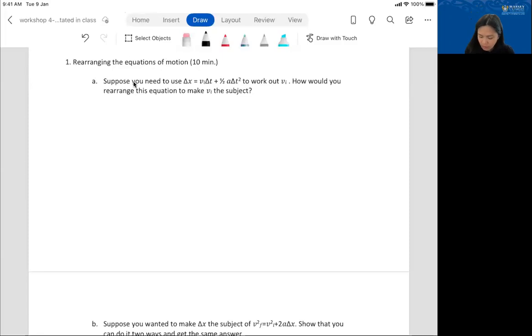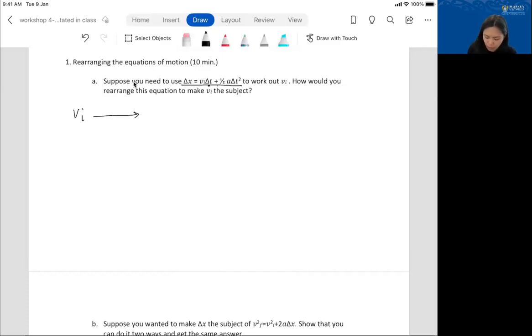You're given delta x equals vi times delta t plus 1/2 a delta t squared, and you want to work out what is vi. Right. So let's start building this equation up. Vi is tied up with delta t via multiplication, and then it's added to 1/2 a delta t squared.